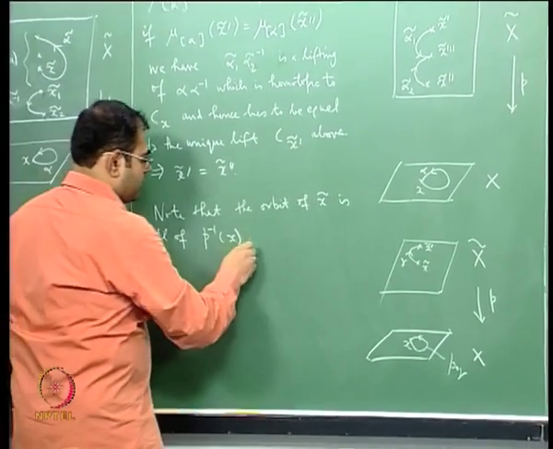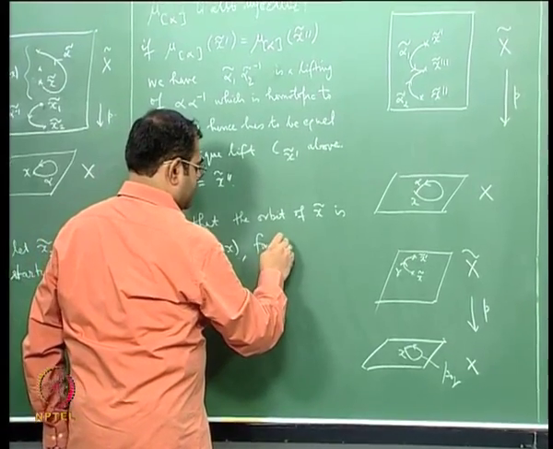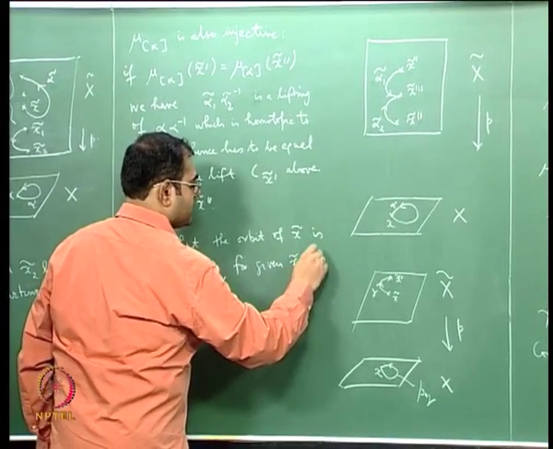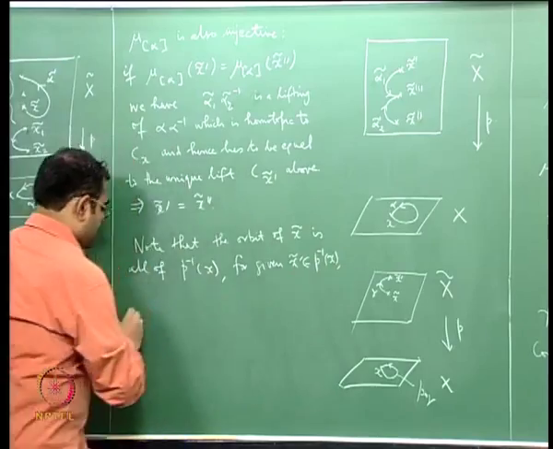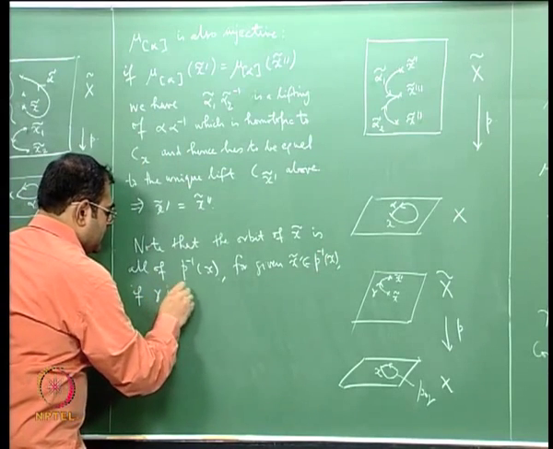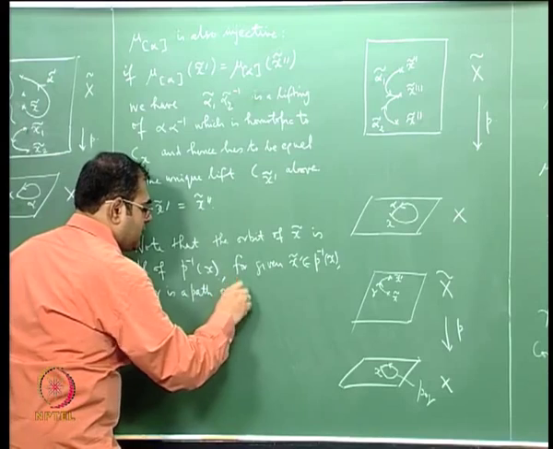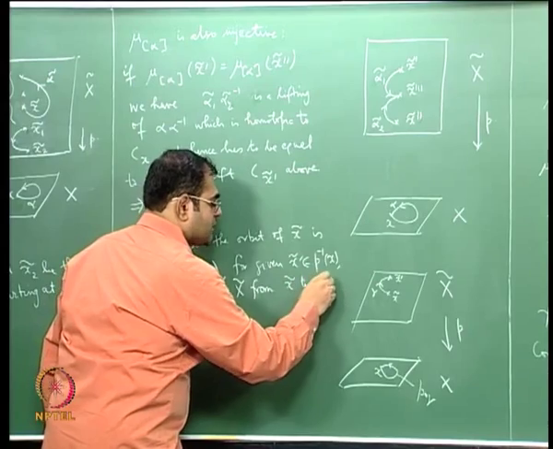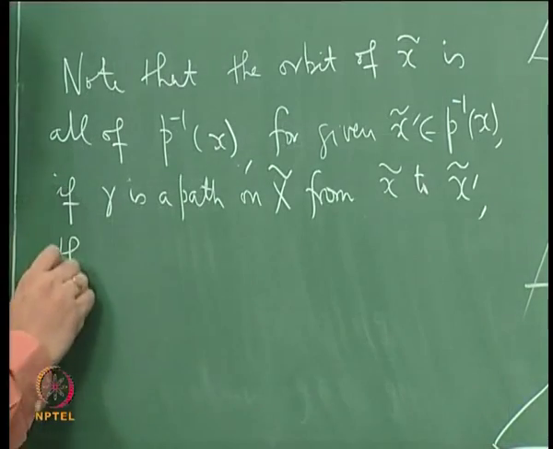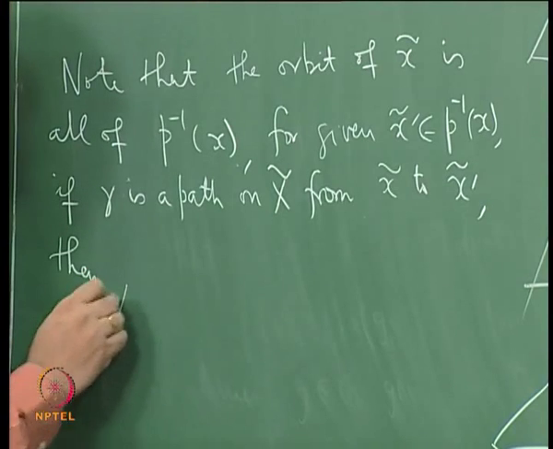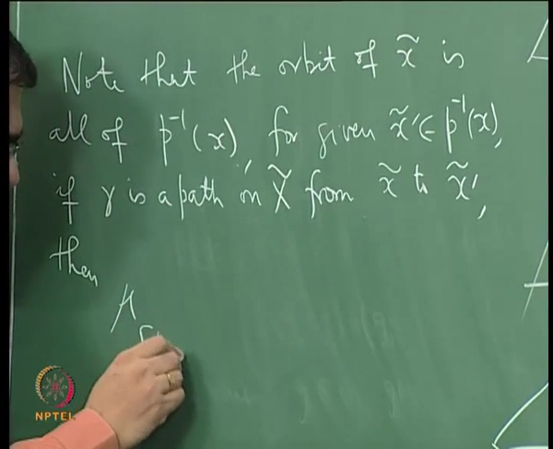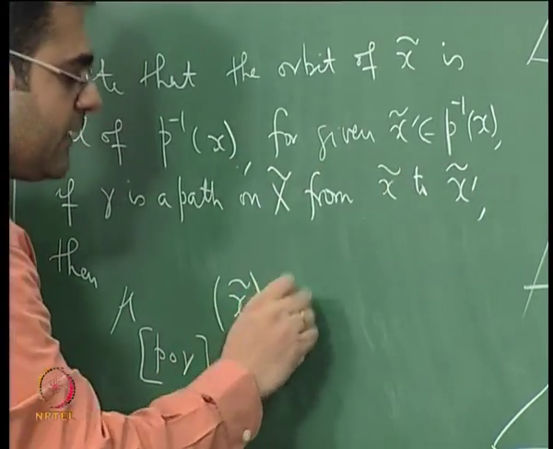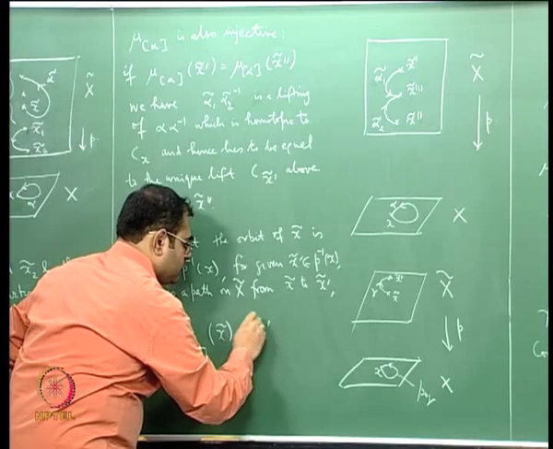So what does it mean? Given x prime tilde in the fiber, if gamma is a path in X tilde from x tilde to x prime tilde, then let me write this down: mu sub p circle gamma of the equivalence class of the point x tilde is exactly x prime tilde, okay.